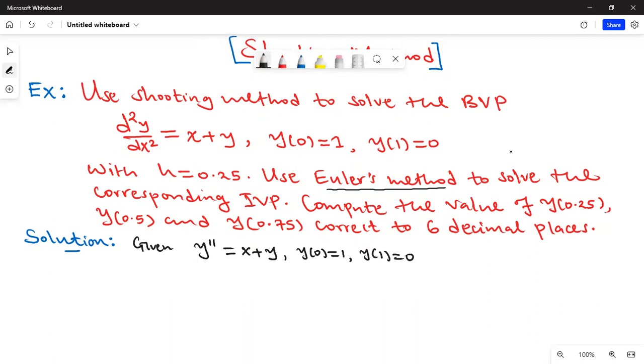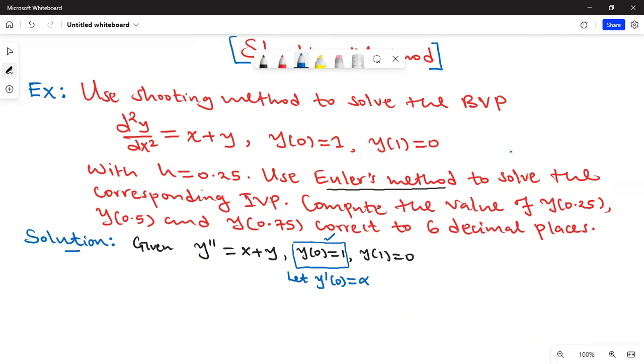So, for you to convert it to a corresponding IVP, remember in an IVP the conditions are defined at only one point. Because this is a second order ODE, I will need two initial conditions. Already the first one is given, y of 0 is 1. You will let another initial condition, y prime of 0, be alpha, because we are converting this to an IVP.